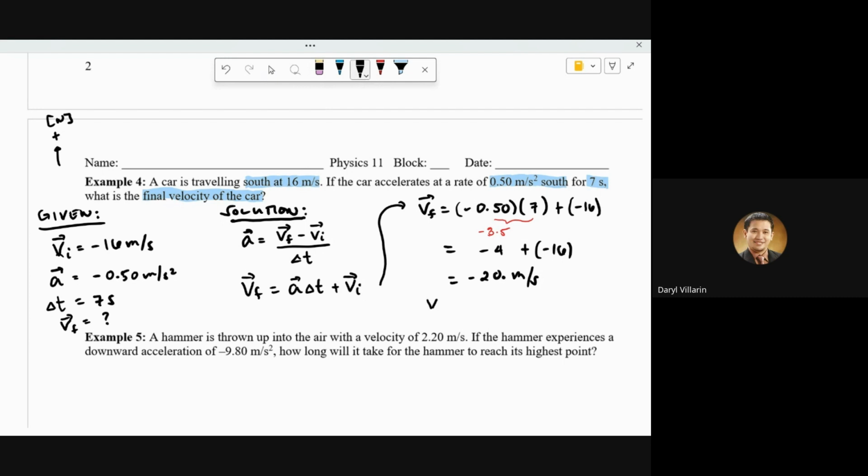And to express my final answer in two sig figs, that's 2.0 times 10 to the power of 1 meters per second. Then the direction is south. South is from the fact that I got a negative direction.